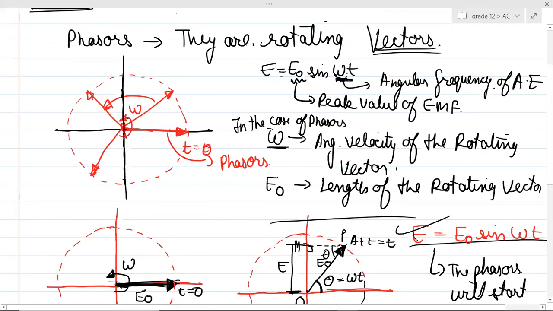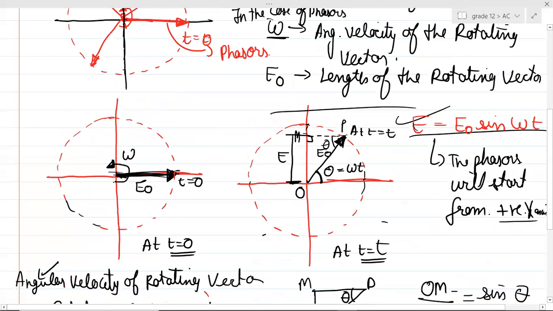So always remember, this thing is oscillating and this thing is rotating. Exactly the same thing. When this goes from mean position to extreme position, this goes from the positive x-axis to the positive y-axis. When it comes from the positive extreme to the mean, then to the negative extreme in the second quadrant, and then from the negative extreme to the mean position again.